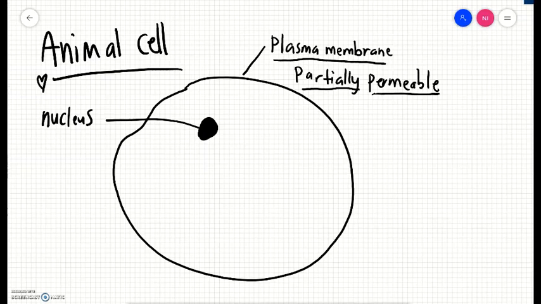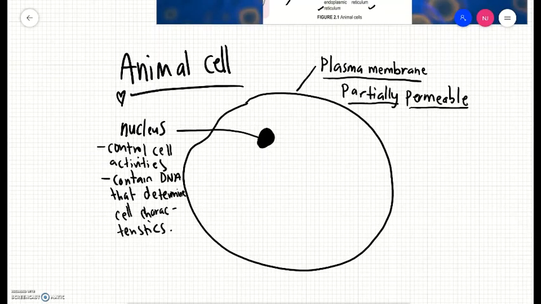Sabtu dia hitam macam ni. And this nucleus contains chromosome. The function of the nucleus is to control the cell activities, and it contains the DNA that determines the cell characteristic. Okay, now you already know what is a nucleus.